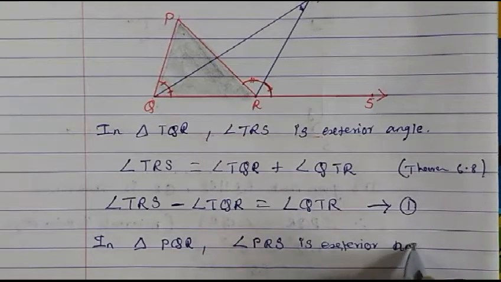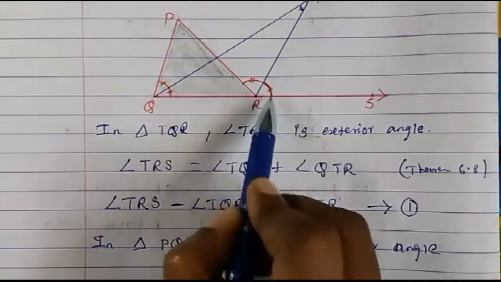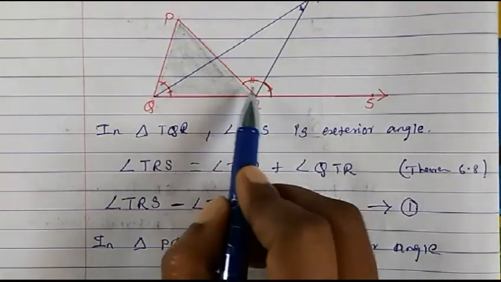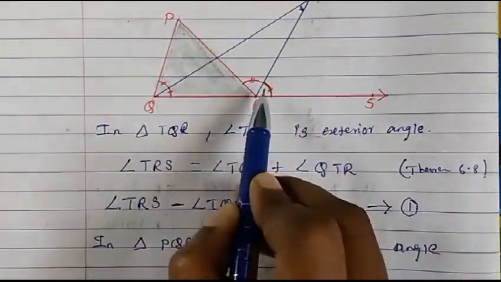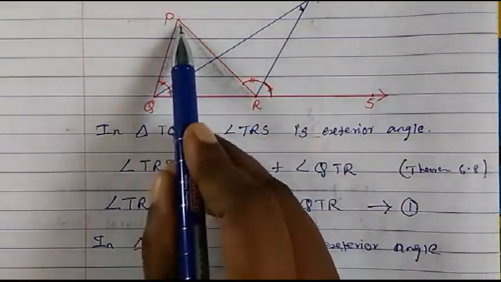So PRS is the exterior angle. If this is the exterior angle, then can we write that this exterior angle, PRS, will be equal to the sum of these two angles?